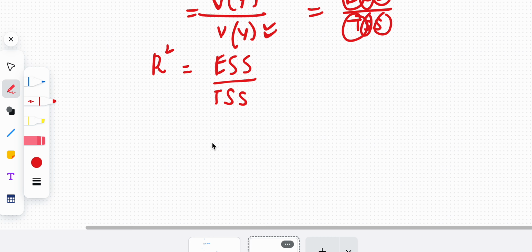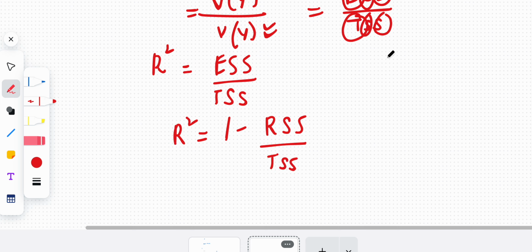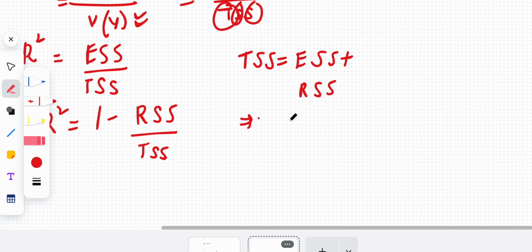Now another way of writing this would be 1 minus RSS over TSS, because ultimately total sum of squares is equal to ESS plus RSS. Total sum of squares equals estimated plus residual sum of squares. So ESS is TSS minus RSS.